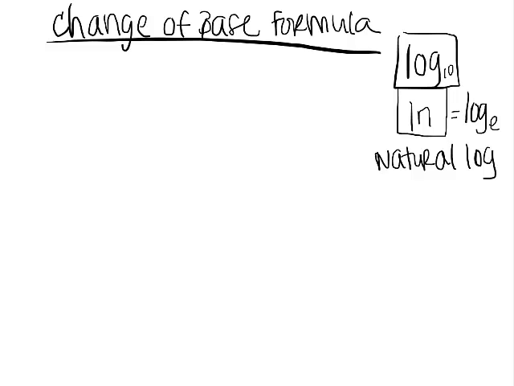Okay? So, if I asked you to evaluate log base 2 of 11, you'd say, well, how would I do that? Let's think. Log base 2 of 1/2 is -1.